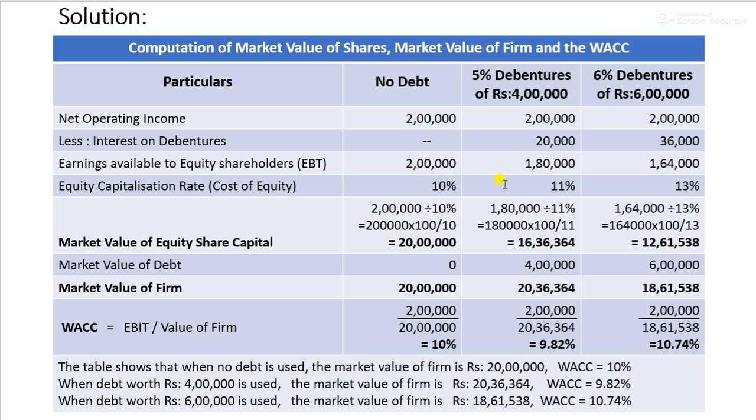The cost of equity given in the question is 10%, 11%, and 13% in the three alternatives, and therefore we capitalize this earnings before tax by the cost of equity.